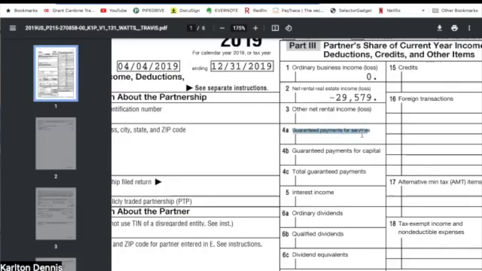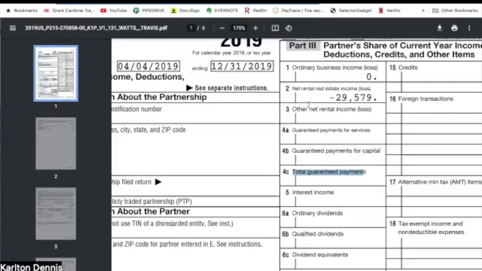We might see guaranteed payments for services for the general partner who is managing the partnership. Guaranteed payments for capital. Maybe there's going to be guaranteed payments based off of the amount of capital that's been contributed to this partnership that's been worked out in the agreement of the partnership. And line number 4C is just the total of all guaranteed payments.